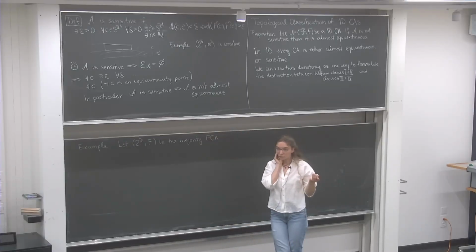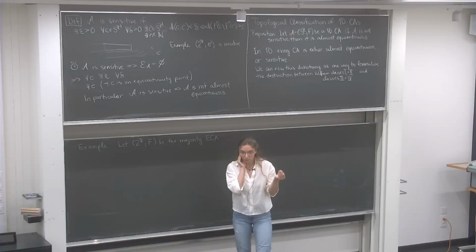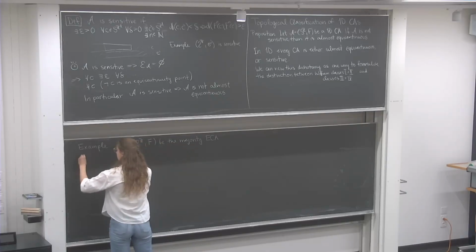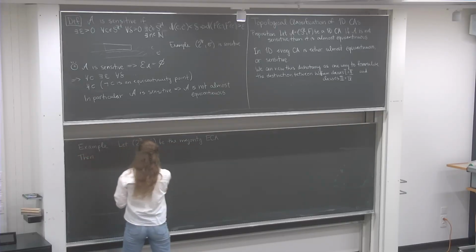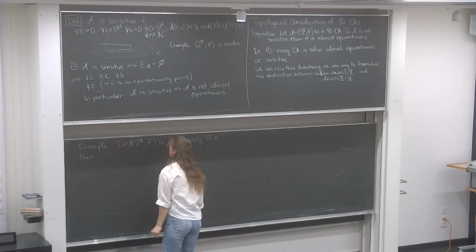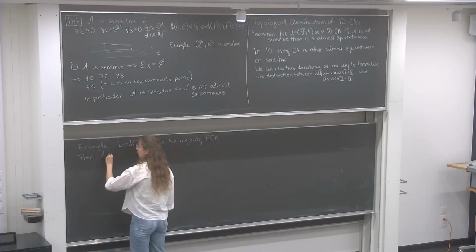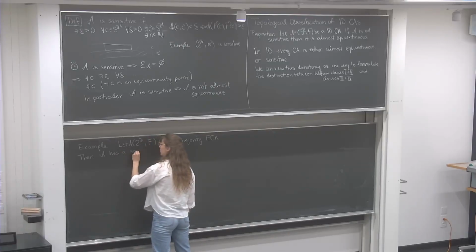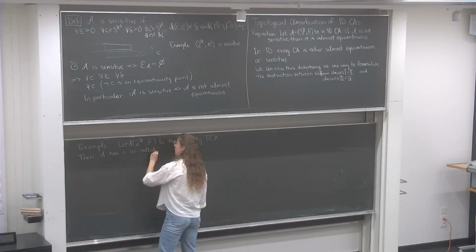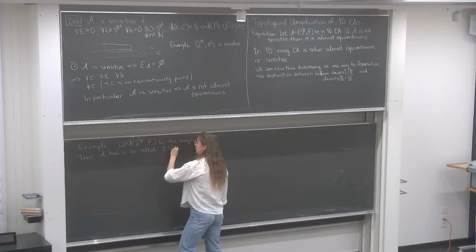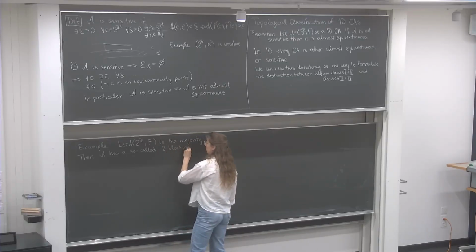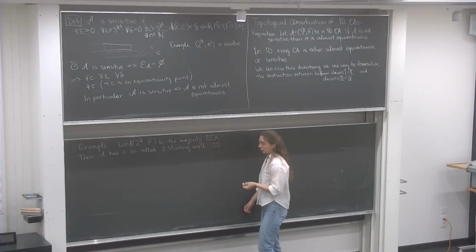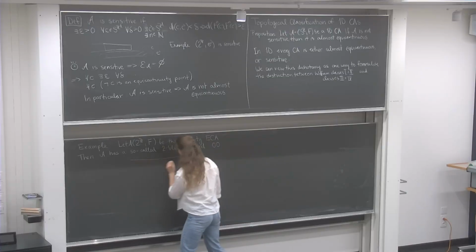It just means the local rule always outputs the majority of its input bits. Then let A be this. Then A has a so-called two blocking word, 0, 0.